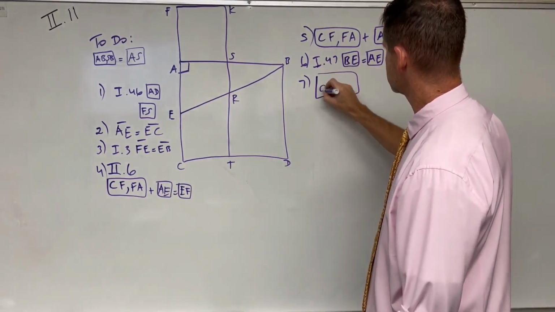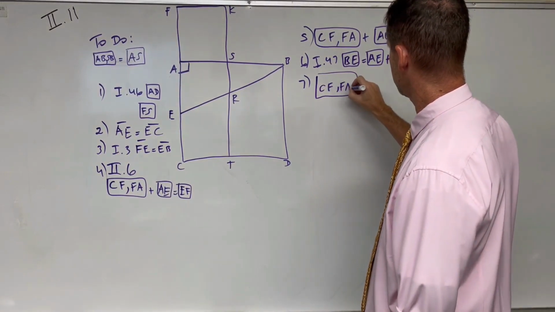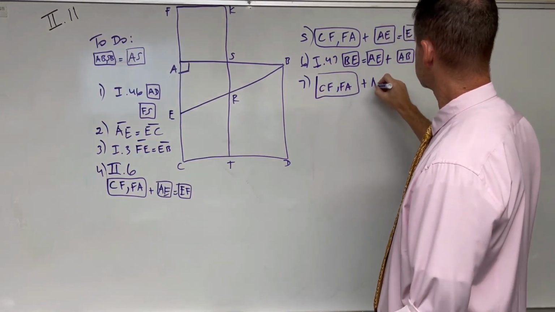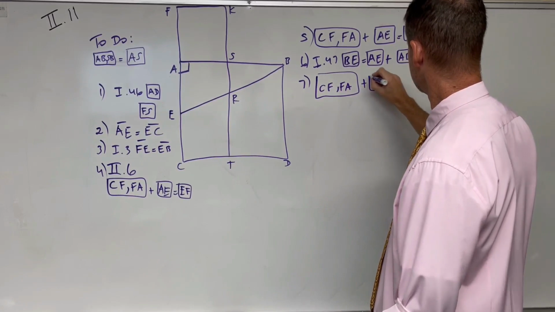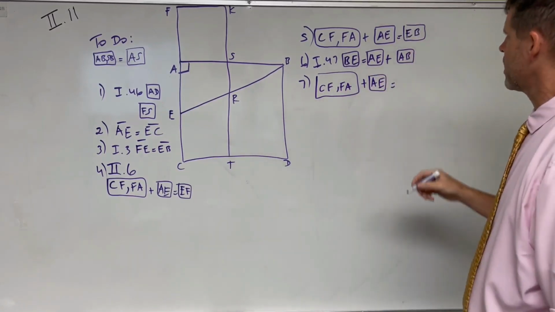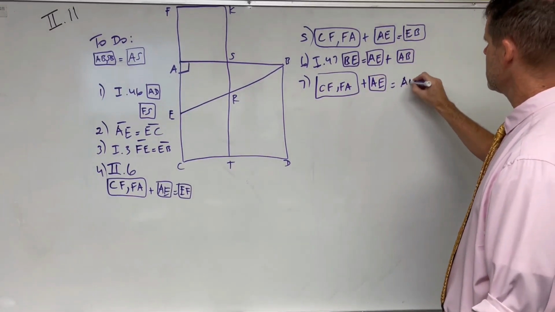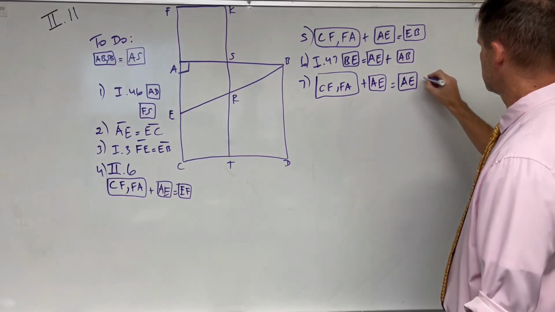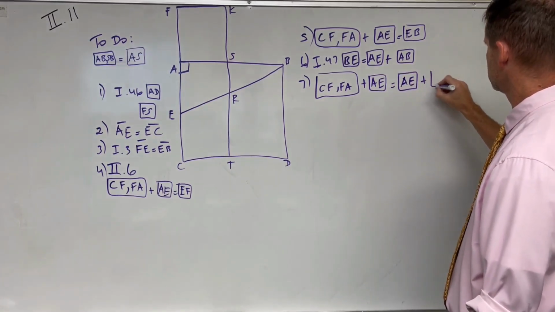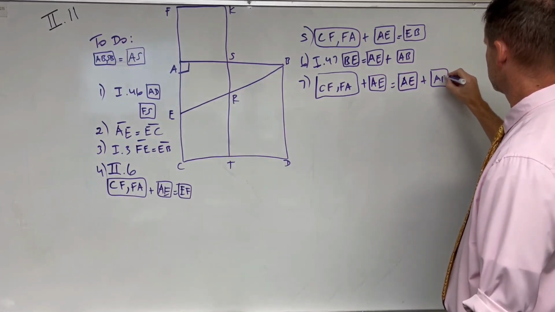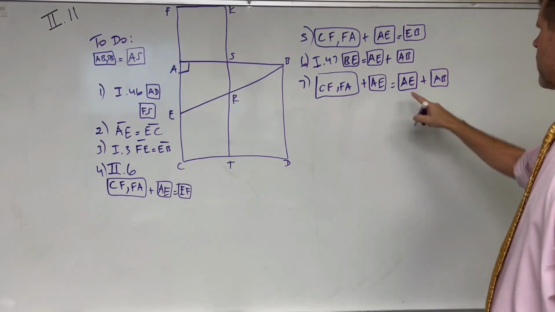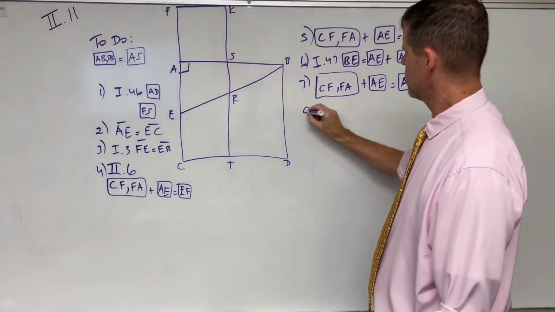We've got the rectangle CF, FA plus our square on AE is equal to the square on AE plus the square on AB.